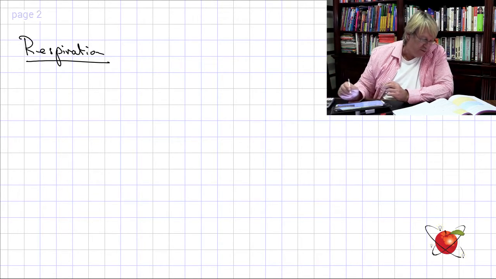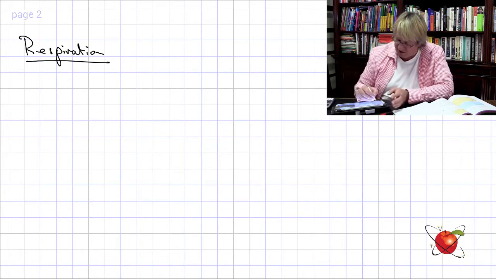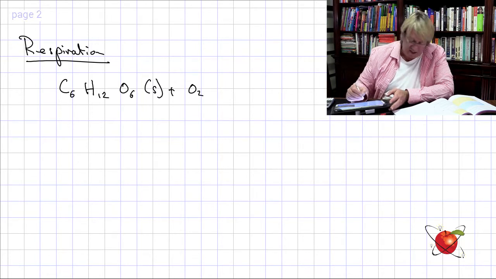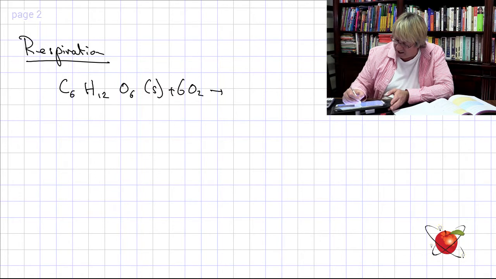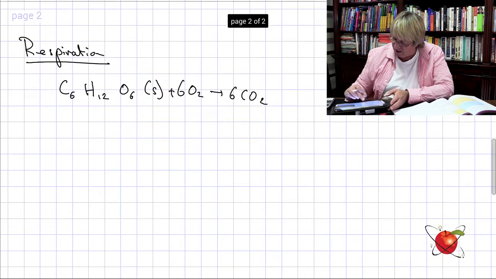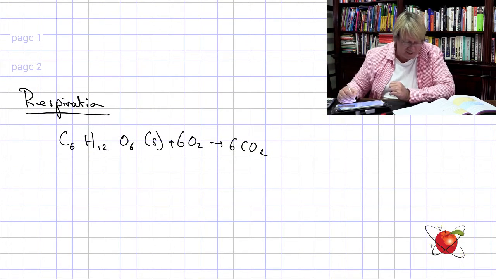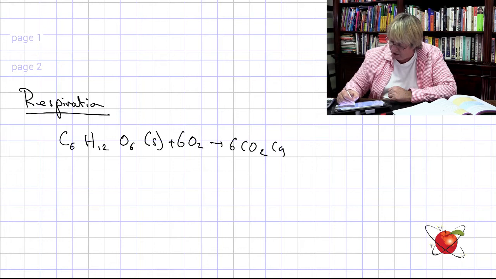For respiration, I'm going to use the formula C6H12O6, a solid, plus 6O2, which is going to go to 6CO2, a gas, plus 6H2O, liquid.